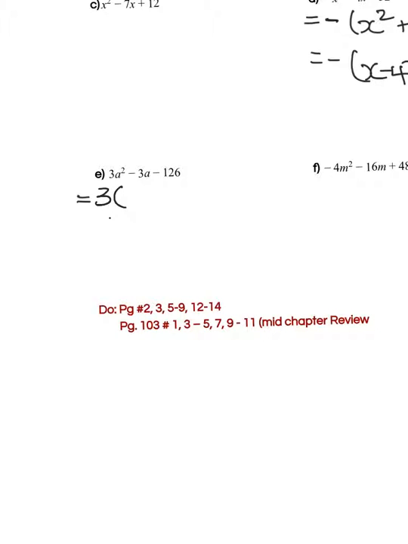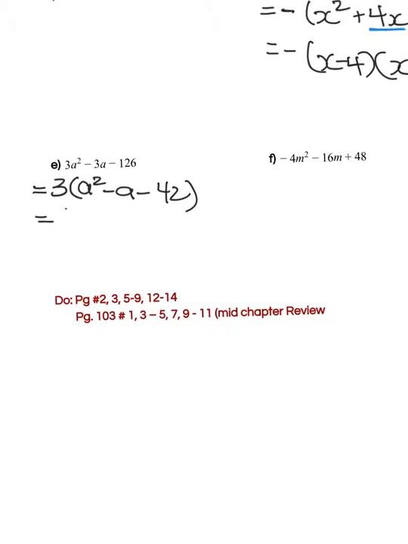Throw that baby outside of a bracket. That leaves me with a squared minus a minus 42. Okay? Gonna repeat the process because I still want my two brackets here. I only have one bracket. This isn't completely factored. I've only common factored. So if I'm looking at this, I still want my product sum factor method.